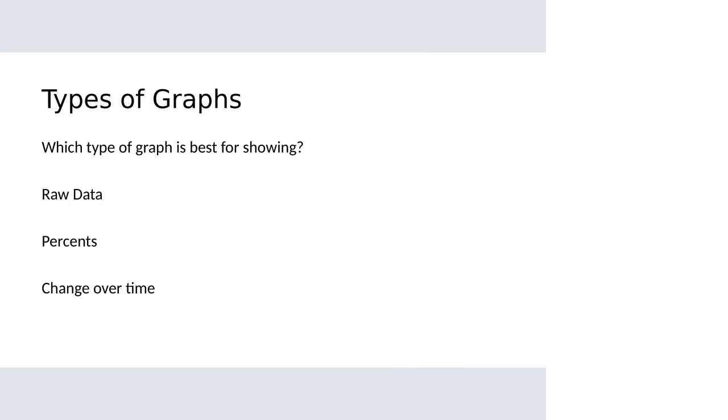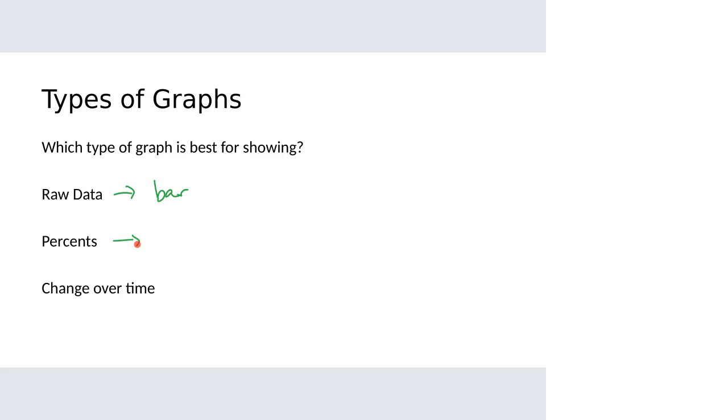Okay, types of graphs. So we looked at 3 different types of graphs, and they all sort of serve a purpose. If we want to see the raw data from a graph, then a bar graph is our best choice. We can actually see the raw data when we make a bar graph. We can see it in the frequency that's on the y-axis.